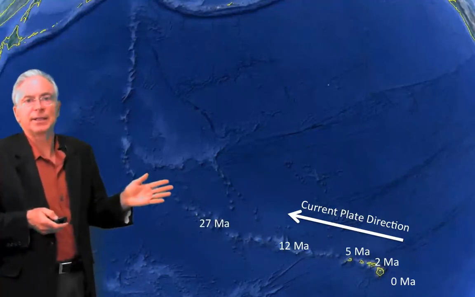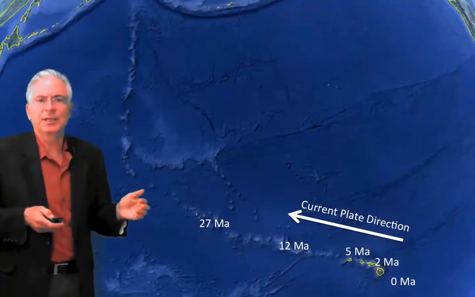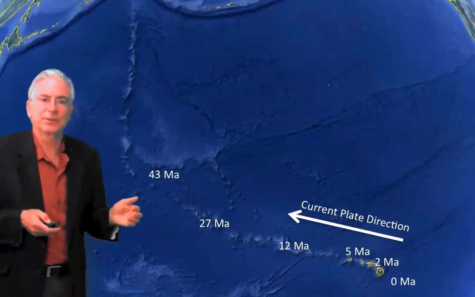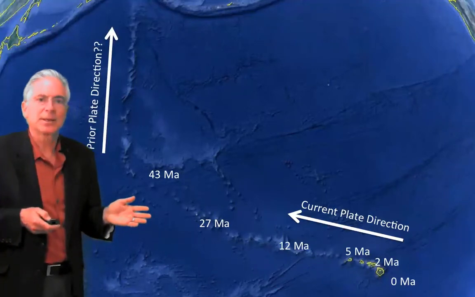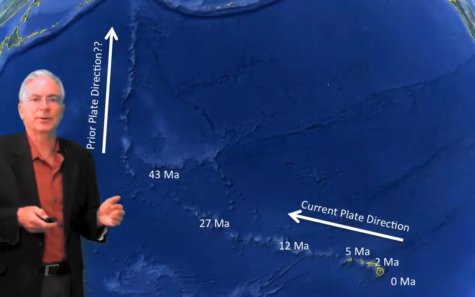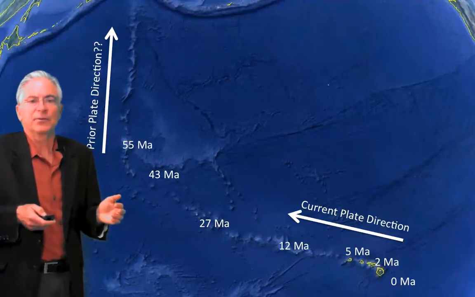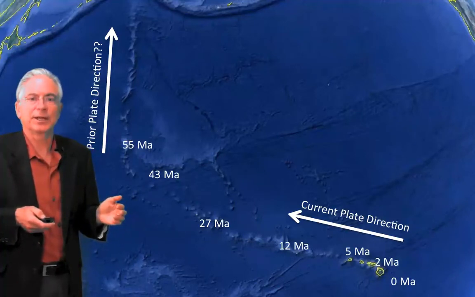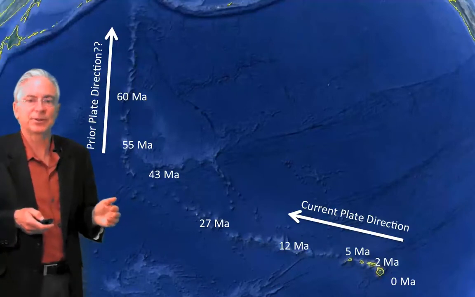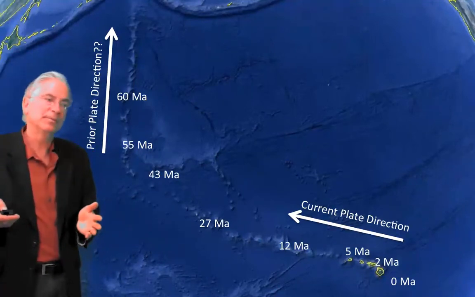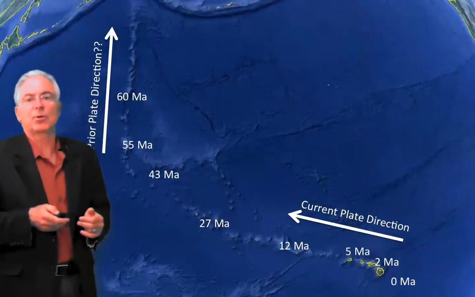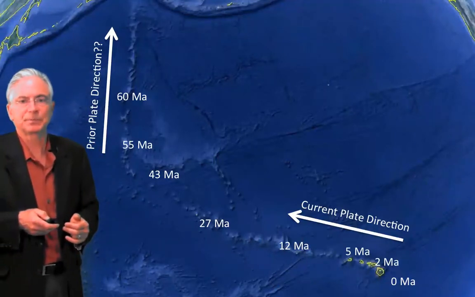At Midway Island, they're 27 million years old. Farther out, it's 43 million years old. Now, there seems to have been a different direction of motion, perhaps, prior to about 50 million years ago. And the volcanoes continue to get older as you move along that trend. So there's a progression of ages away from Hawaii, recording the movement of the plate across a hot spot.